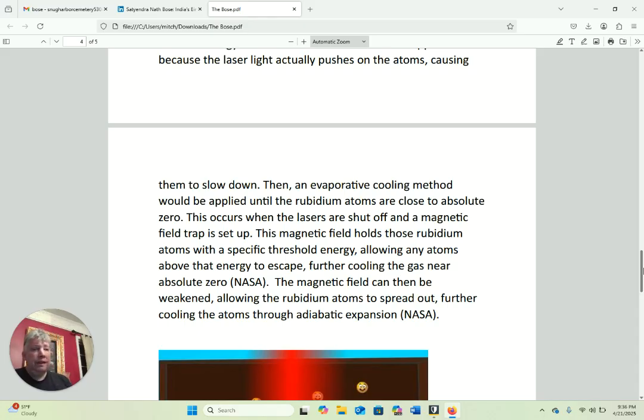And once they get rid of the more energetic atoms, they just have these rubidium atoms that are now really close to absolute zero. They can even cool it further by weakening the magnetic field, according to NASA, and that allows an adiabatic expansion to take place, where the atoms get further apart from each other and get even colder.